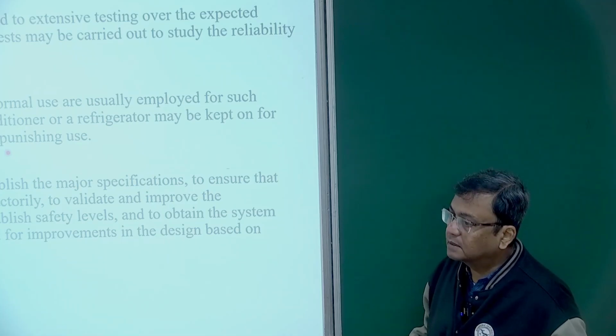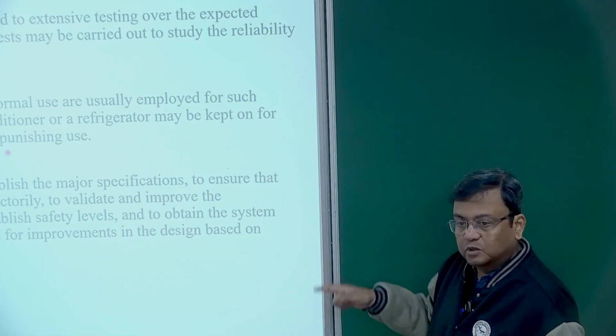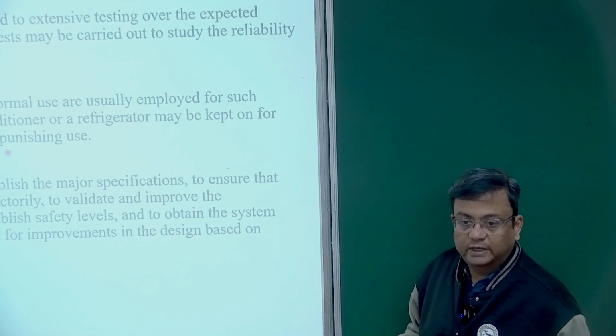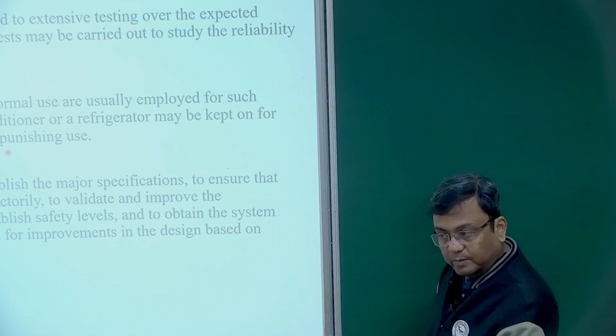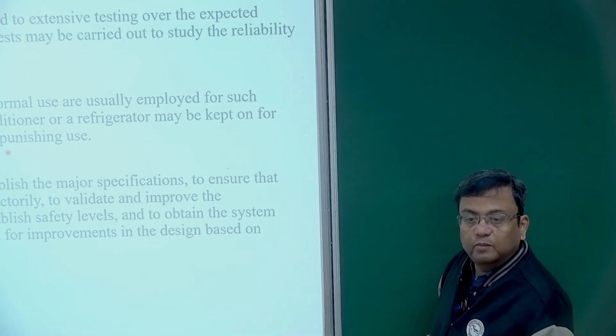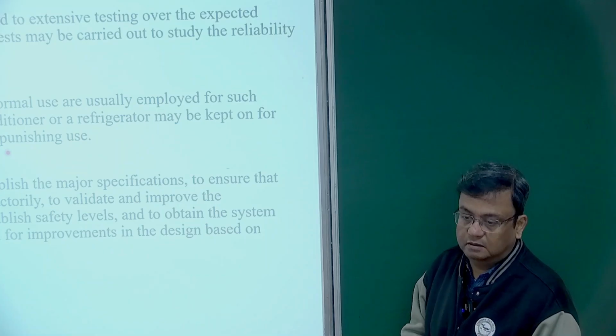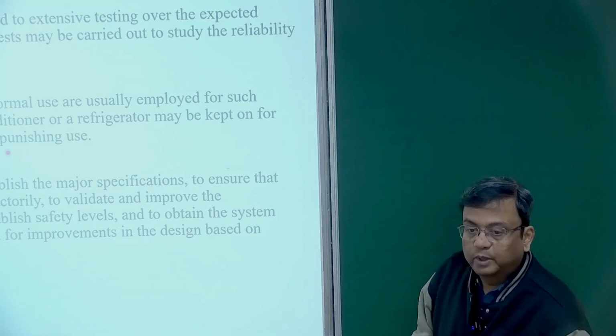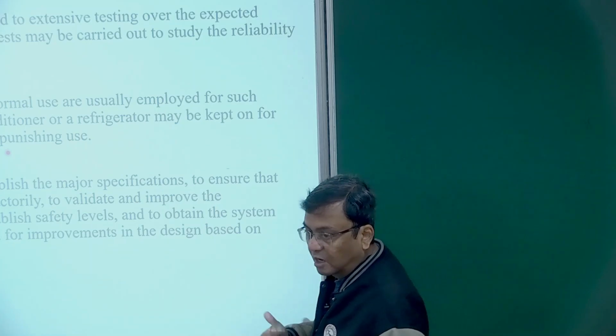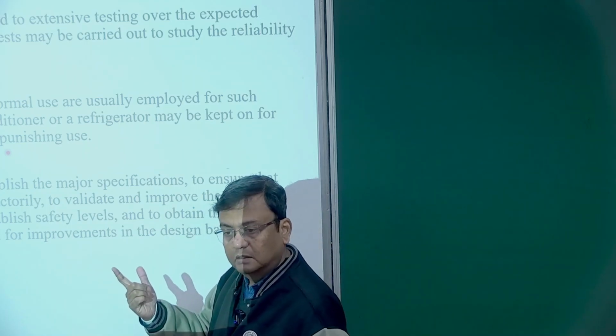So I'm making a plant, and in that plant I want to use your fluid for 10 years. If I want to buy that fluid from you, then you have to be able to give me some guarantee that it will last for 10 years. But how do I do that? See, if I'm the manufacturer, how do I say it will run for 10 years?